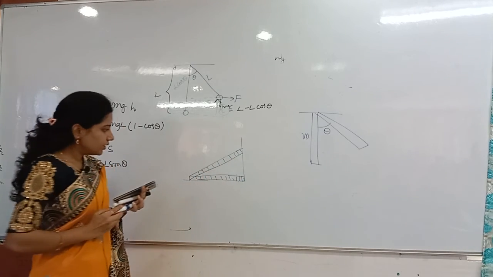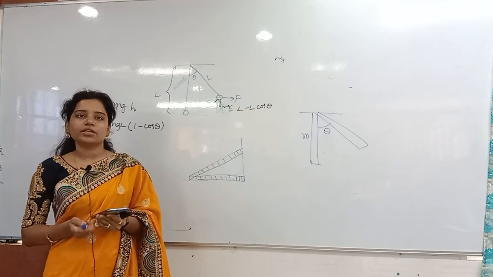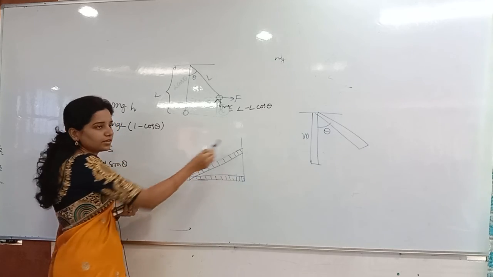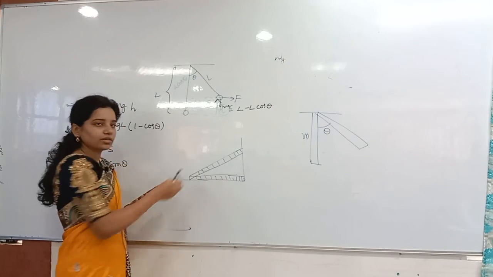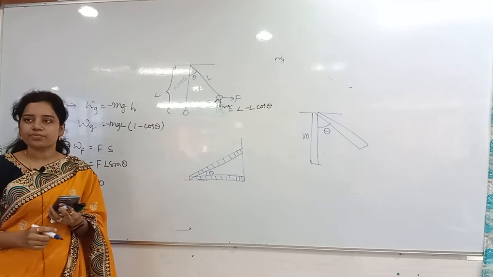See that? The ladder was there horizontally before, resting on the floor. Now what are they doing? They are just lifting the ladder and touching the wall here. It is held against the wall. So it is making how much angle? Theta with the horizontal, they said.